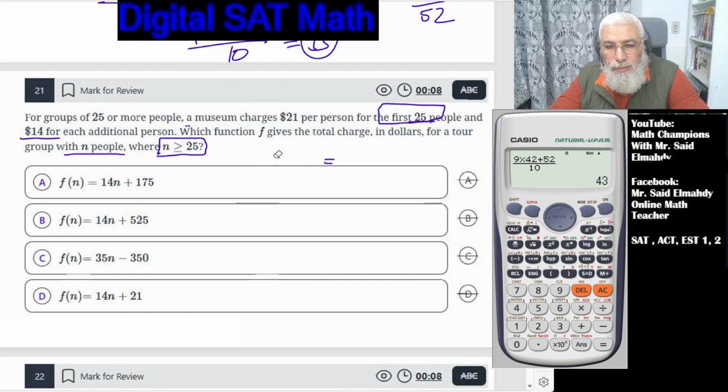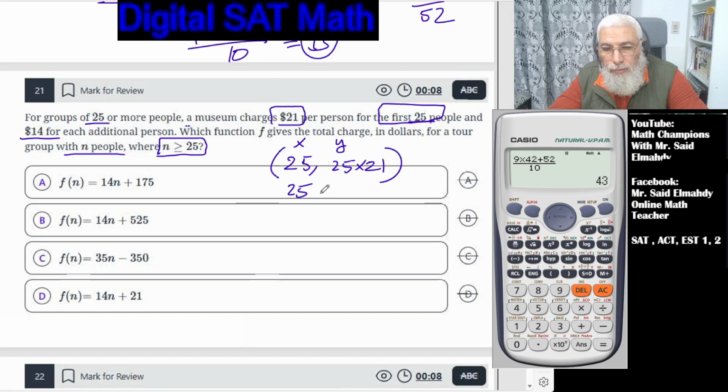So this is a point, 25 people, x, and y is the cost: 25 people multiplied by 21.